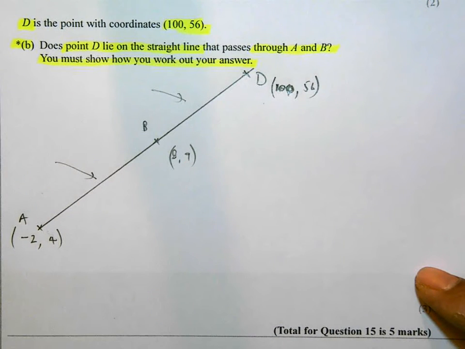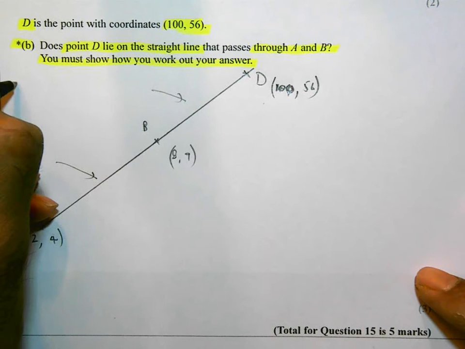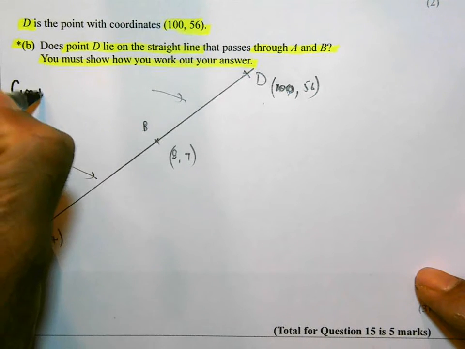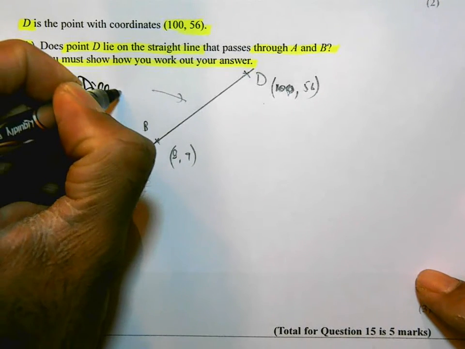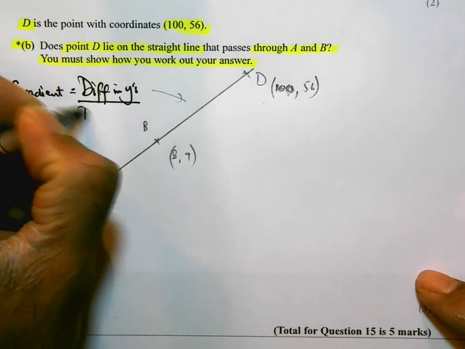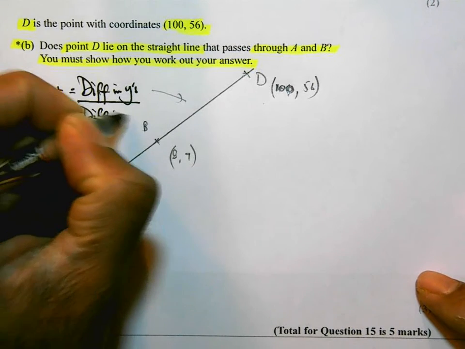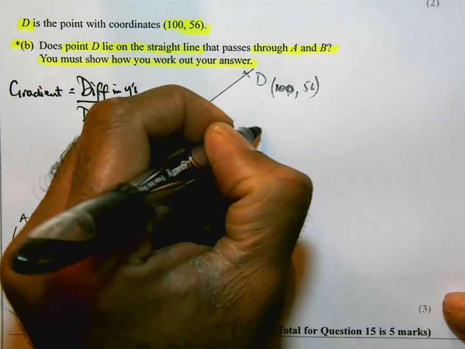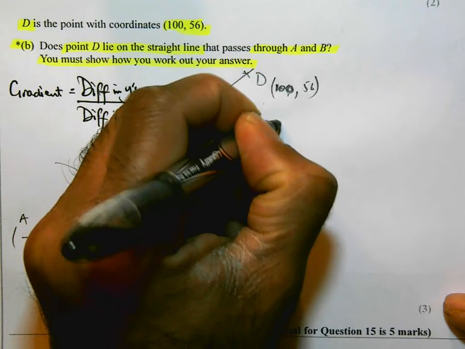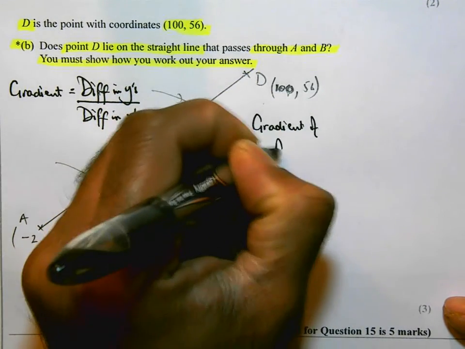So if I first of all remind myself that gradient is worked out by finding the difference in y's over the difference in x's. Okay, so gradient of AB, how do I work out that?